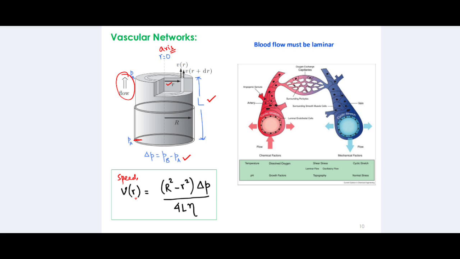Another consequence. We all know about blood vessels, and chances are, beyond a certain age, we are always careful about what we eat. We want to keep our arteries and everything healthy, and so on and so forth.